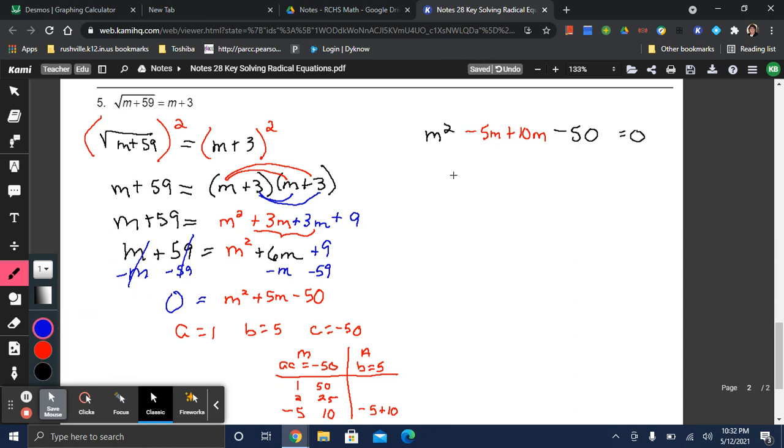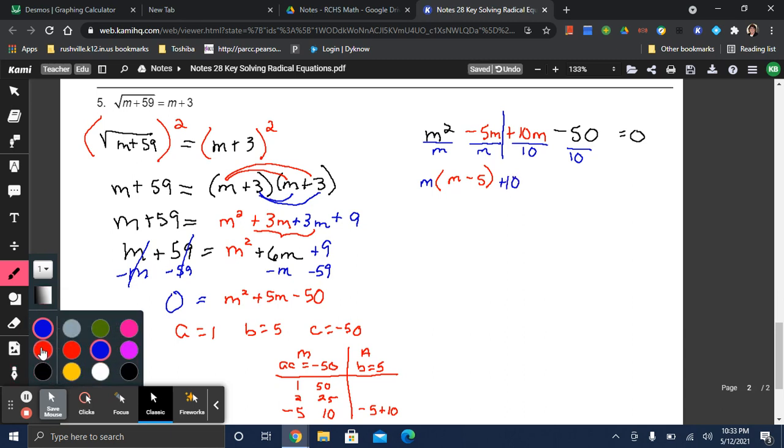All right, so factor by grouping, we can divide by m, and that's m times, in parentheses, m minus 5. We can divide by 10. It is a positive. And we get the matching parentheses, m minus 5. And then we have the equal 0.